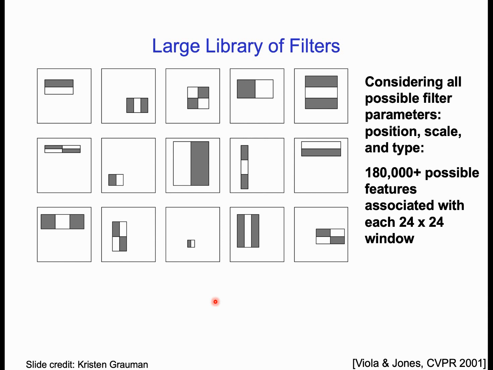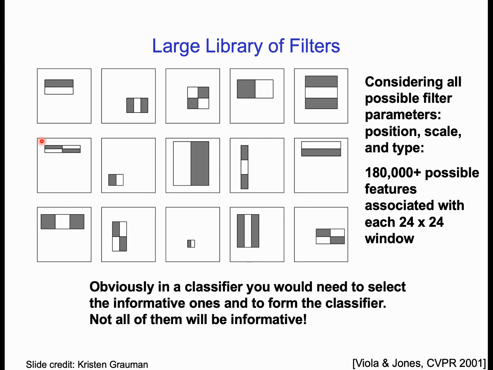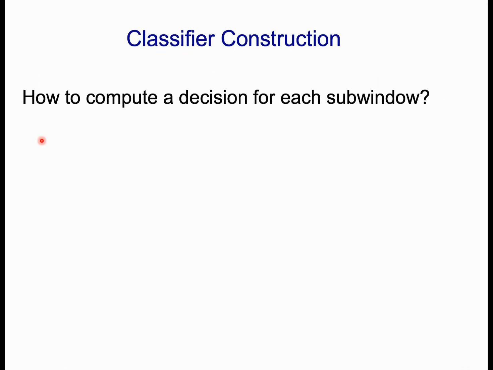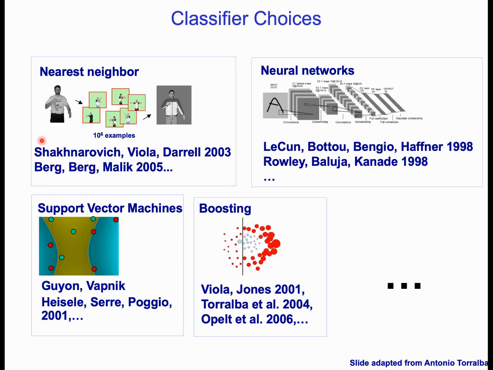In practice, we create a very large library of filters. So for any given image, I extract even hundreds of thousands of features. And then I need a classifier to select the informative ones. And obviously, again, I'm repeating, not all of them will be informative. Among the classifier choices, we can use many classifiers.